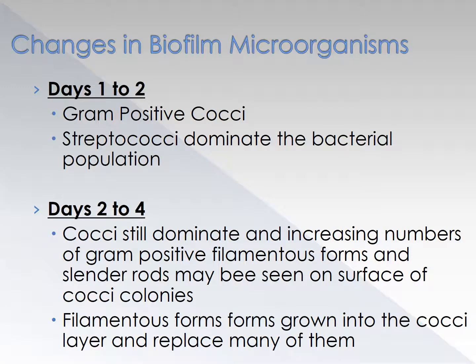All right, so dental biofilm consists of a complex mixture of microorganisms and microcolonies. We've talked about that. The microbial density is very high and increases as biofilm ages and matures. So in days 1 to 2, you are going to see early biofilm that consists primarily of gram-positive cocci, okay?